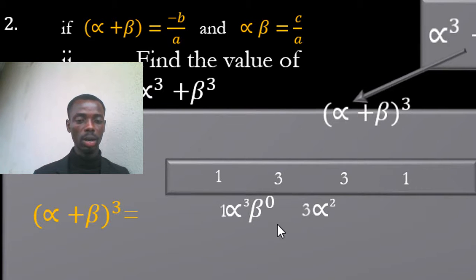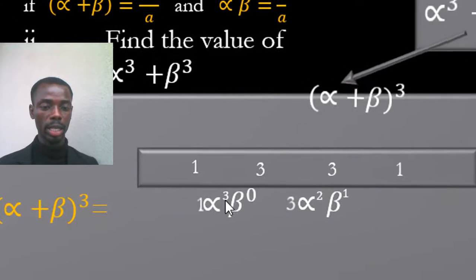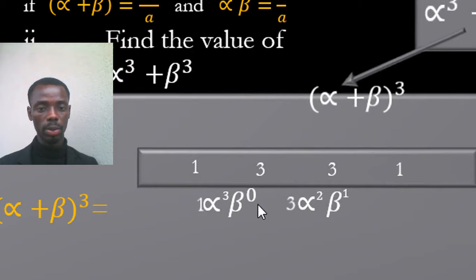And now beta also will be coming up, but this time around, not with the power of 0. It will be carrying the power of 1. That's the principle. Alpha here is 3; getting here, it decreases by 1. Beta here has a power of 0; getting here, it increases by 1. So as one increases, the other decreases.